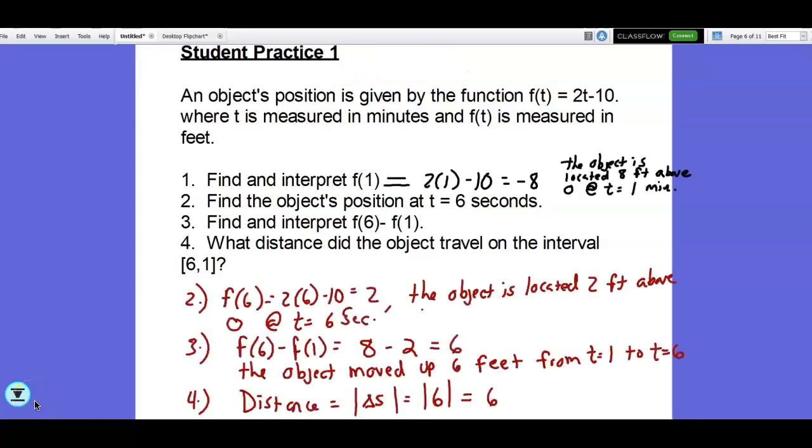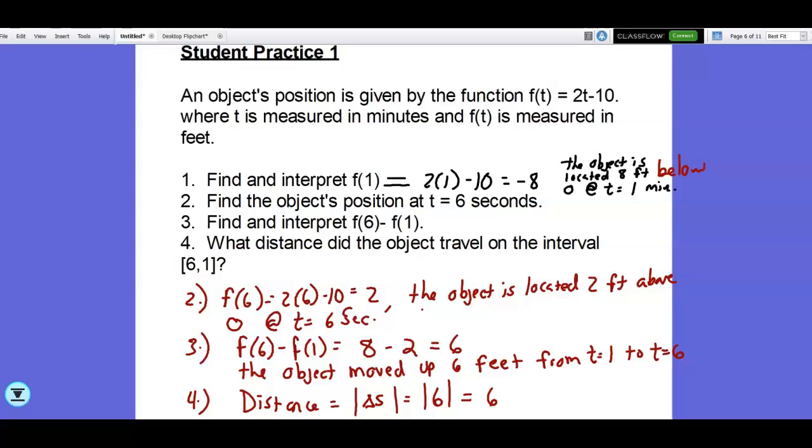Okay, so the answer number 1 is up here, and then I realized I was running out of space, so the rest of them are down there in red. But for number 1, f of 1 is -8, and what that means is that the object is located 8 feet below, I put above, but 8 feet below 0 at t equals 1 minute.